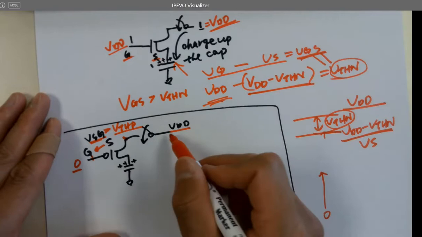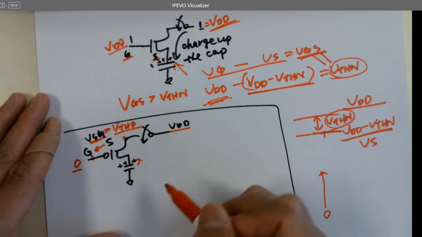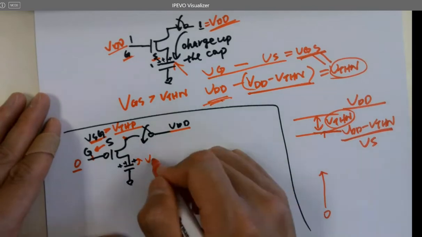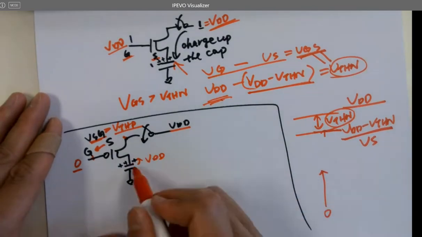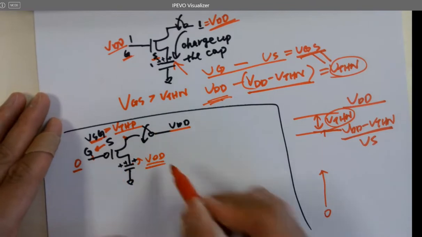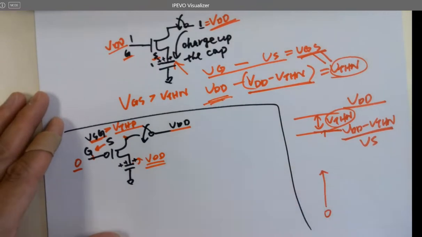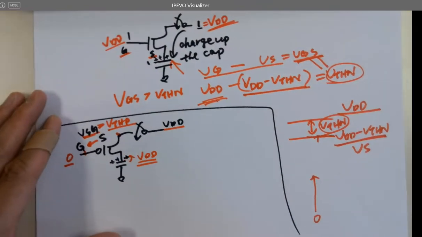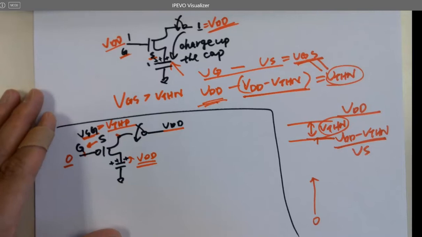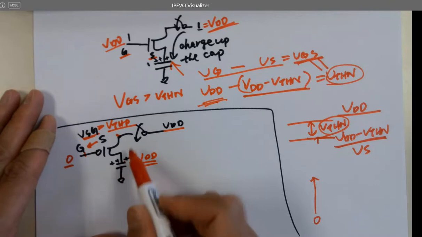Then this starts dumping charges to the cap, so the voltage at this plate starts rising until VDD. When it reaches VDD, is there anything going to shut off this transistor? It's not affecting anything. Whatever voltage here is fine.